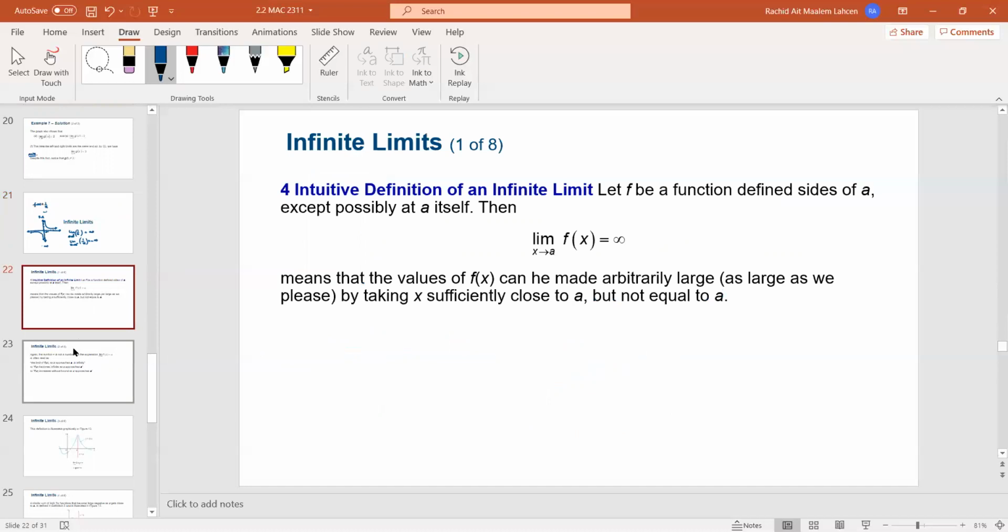All right. So let's explain it here, that intuitive definition. The values of f of x can be made large, which means towards infinity, by taking x sufficiently close to a, which for my example here means close to 0.